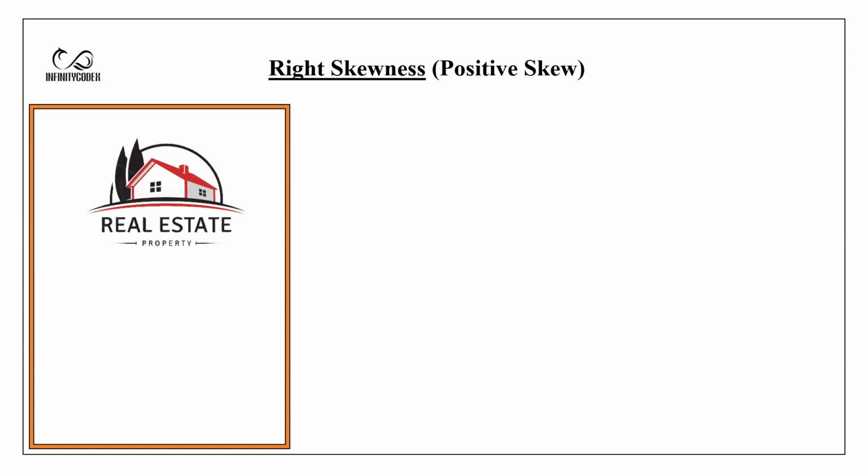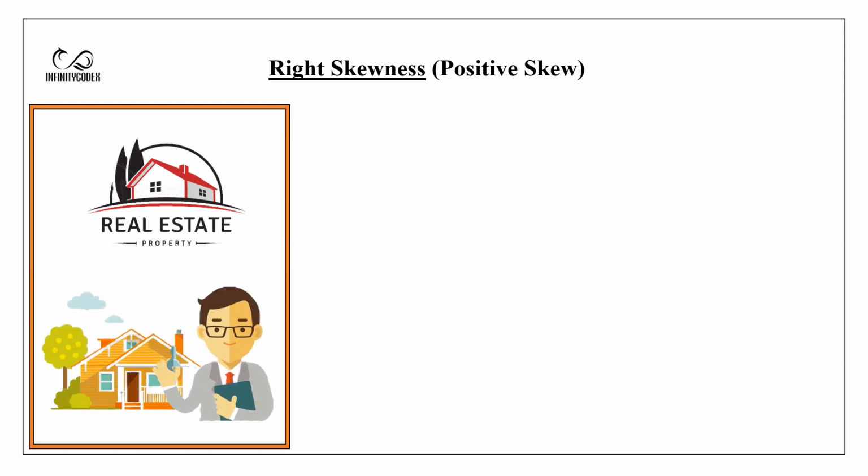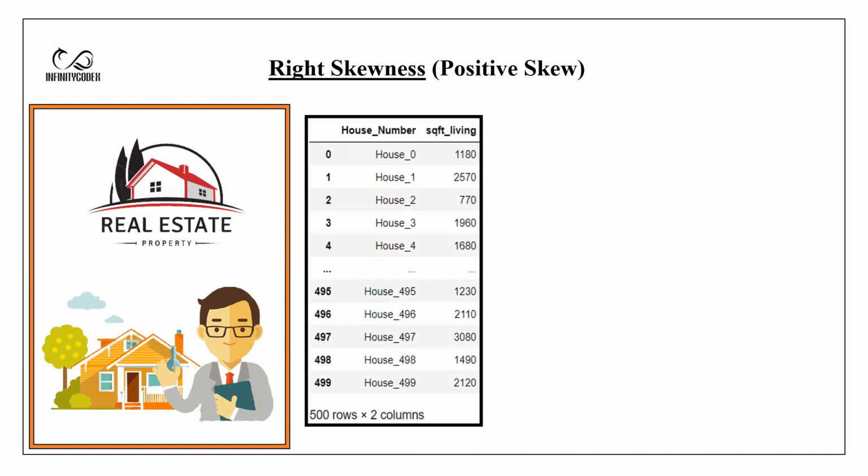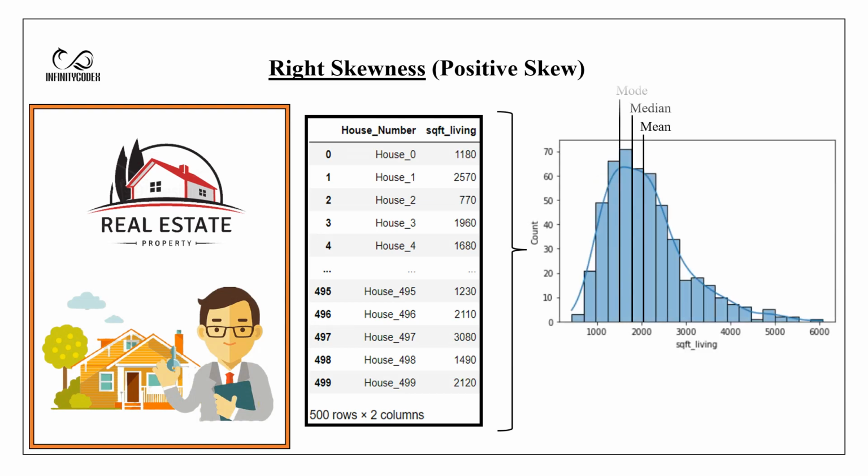Then there is right-skewness, which is also called positively skewed. So, there is a real estate company which is interested to find the average living area of the house in a specific location. So, they gather the data and plot them, and the thing which they notice is that there are very little number of houses which have almost 5,000 to 6,000 square feet area.